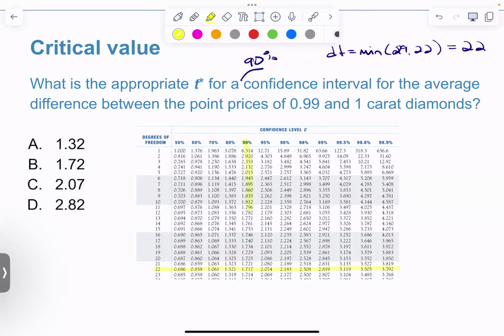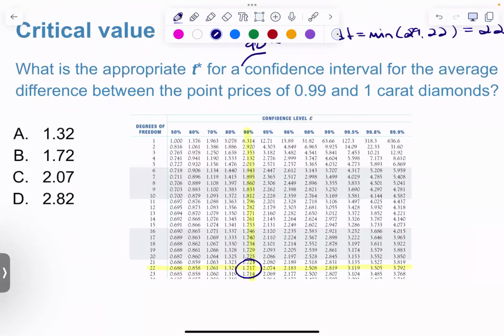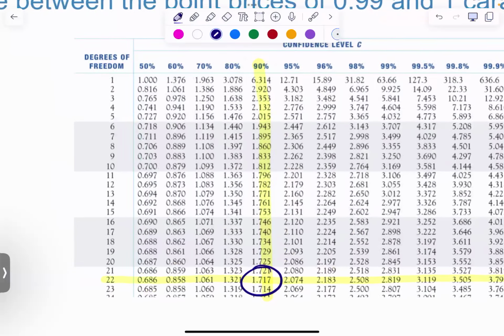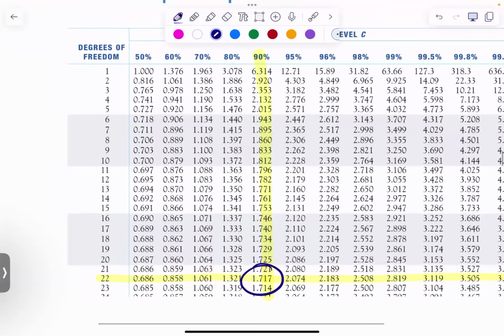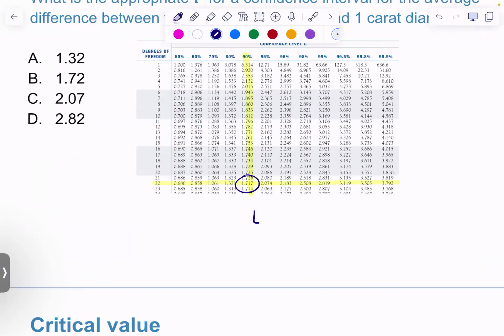But if you want a 90% confidence interval at 22 degrees of freedom, there, the T star would be 1.717. Again, they're using a sloppier table with only 2 decimal places, which is fine. But you'll have the one that we're working with, which has 3.